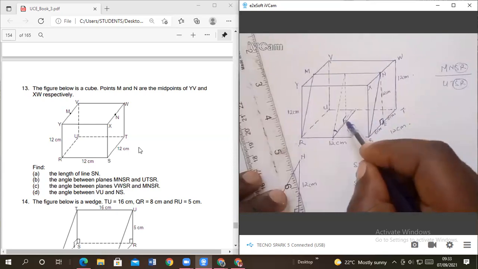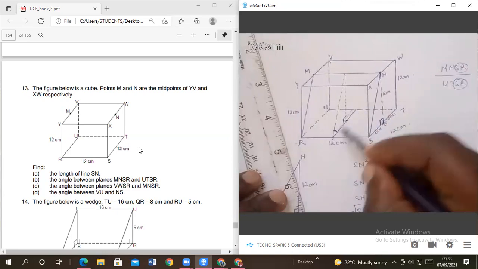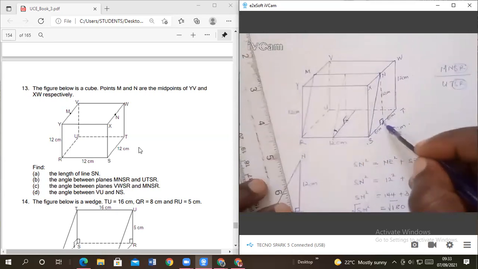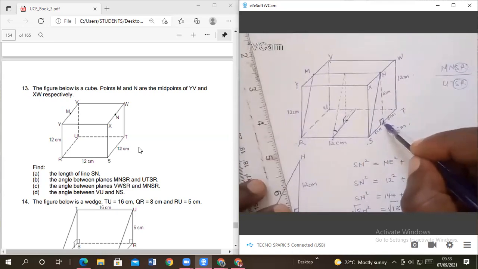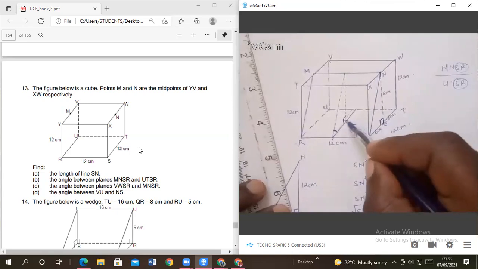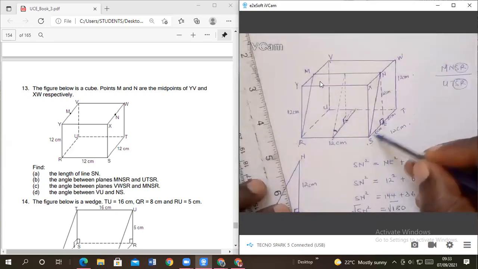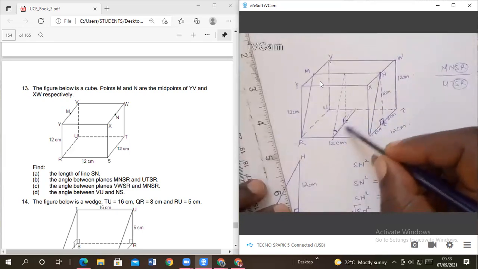Now, this point here touches this line at its middle point. So if E here is at the middle point, and also this point is at the middle point, if this is 6 centimeters here, then it means that also this one is 6 centimeters.